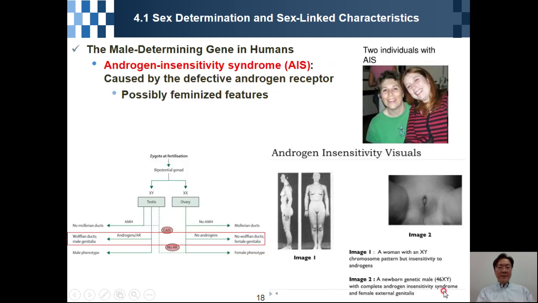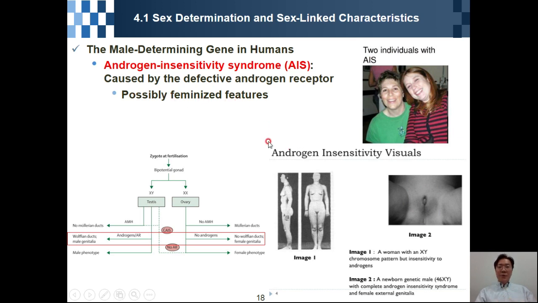So that's why, this is image 2. This is a newborn genetic male. They have X and Y, they are male, but they have androgen insensitivity syndrome, and they have female external genitalia. And also they look like women, so possibly a feminized picture.